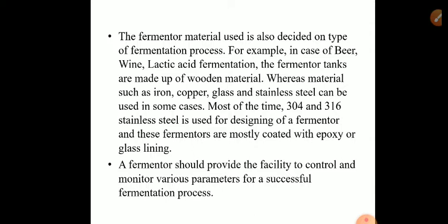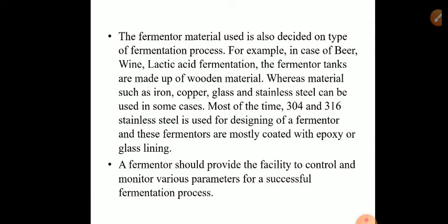Most of the time, the fabrication material used for constructing a fermenter depends upon the product we are producing. For example, if we are producing wine, ale or beer, then fermenters are made of wooden material.